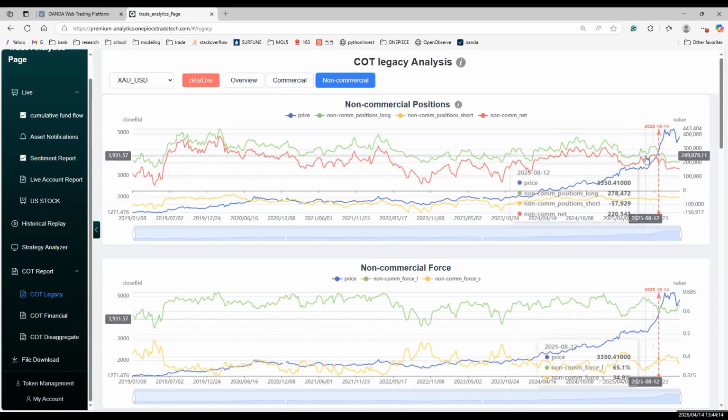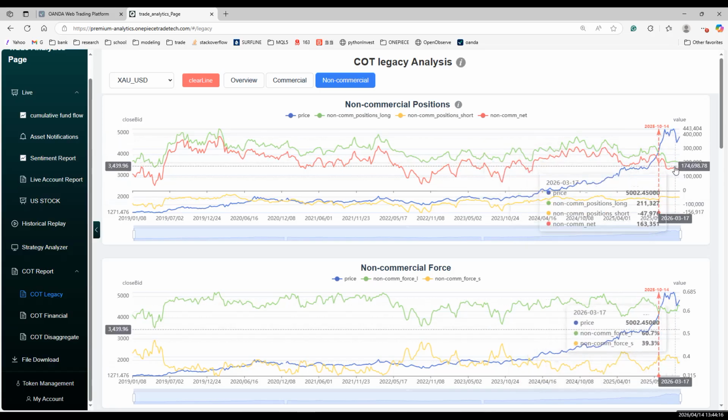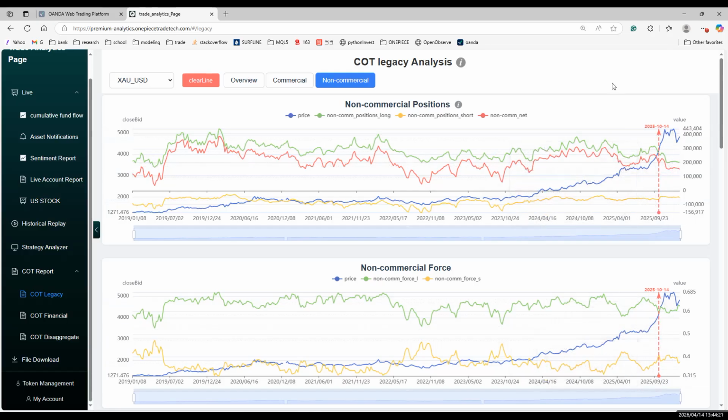The long interest, especially for the past 2 months, has been really stable, either because of the current geopolitical conflict going on in the market, or because of the historical high price in gold.